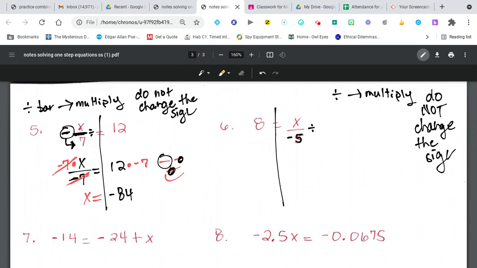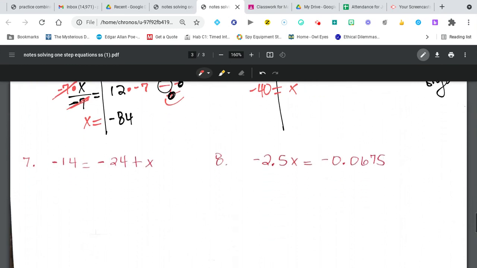So I see negative 5, and this means division. Since that means division, multiply. We're not changing the sign, so you multiply by negative 5. But if you multiply by negative 5 on the right, you must multiply by negative 5 on the left. These cancel, and I use the smiley face. Negative 5 times positive 8 is negative 40. Make sure you're showing your work.